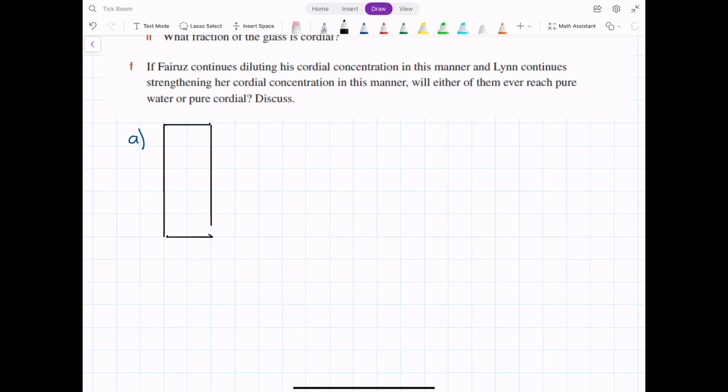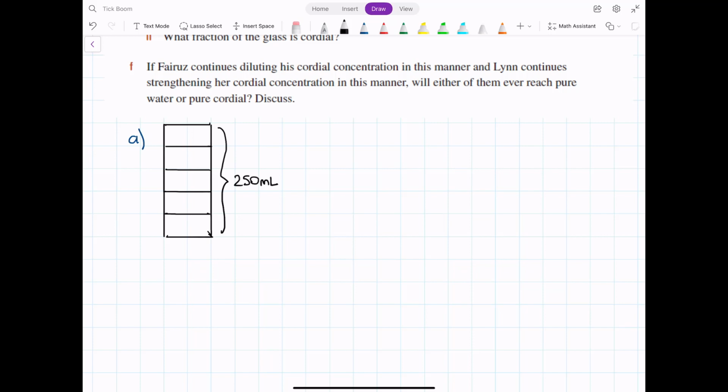And we're told that this total glass will represent 250 milliliters of liquid. And we can break that glass up into parts. There will be 1 part cordial, and then 1, 2, 3, 4 parts water.